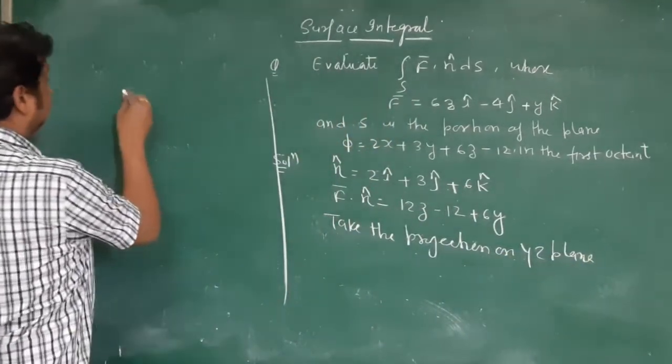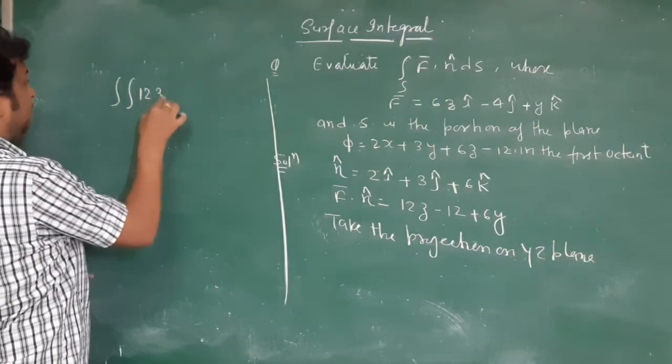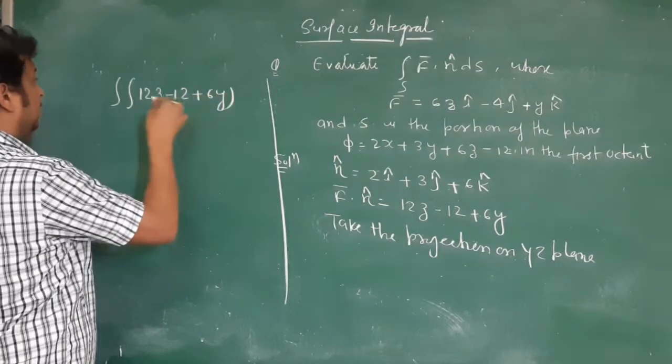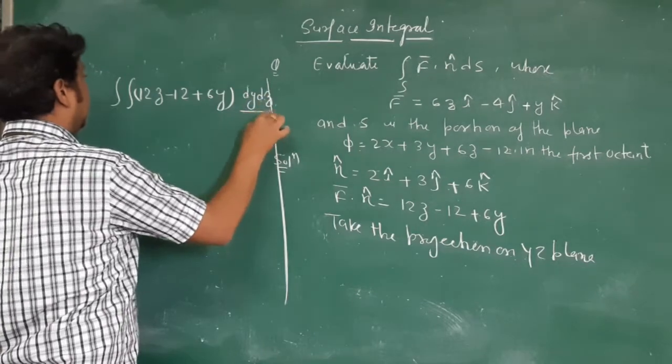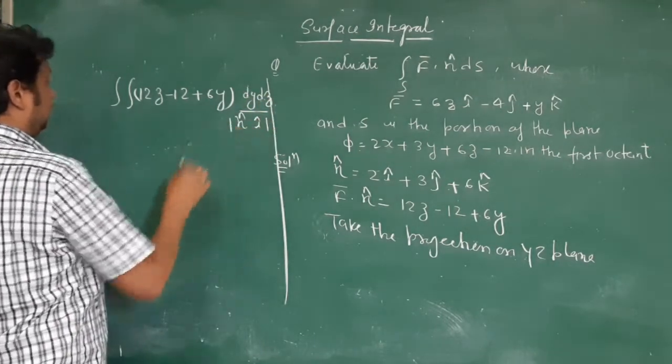So the yz plane means it is equal to the double integral of F dot n cap, meaning 12z minus 12 plus 6y, dy dz upon n cap dot i vector.